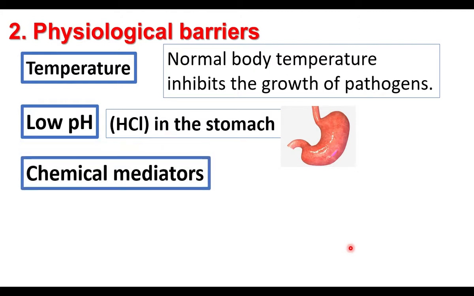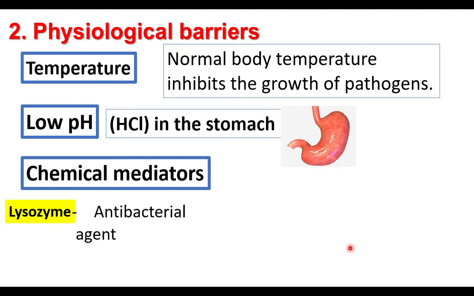Chemical mediators: some kinds of chemical mediators kill bacteria, some kill viruses, and some other chemical mediators stimulate the cells of the immune system. Lysozymes are antibacterial chemicals. Our saliva has lysozyme. Our tears have lysozyme.